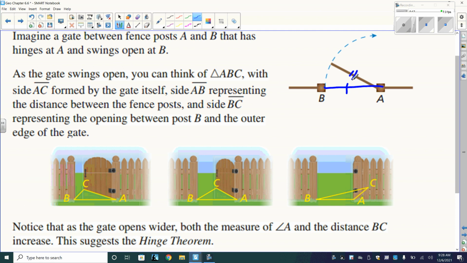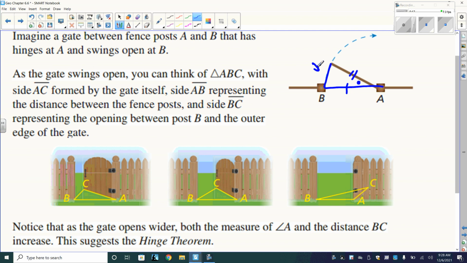This length and this length, as you open a gate, are they changing? No. But as we open the gate further and further, this angle here is getting bigger, yes? Because as you open the gate, the distance between here and here, this side length, is getting bigger, yes?